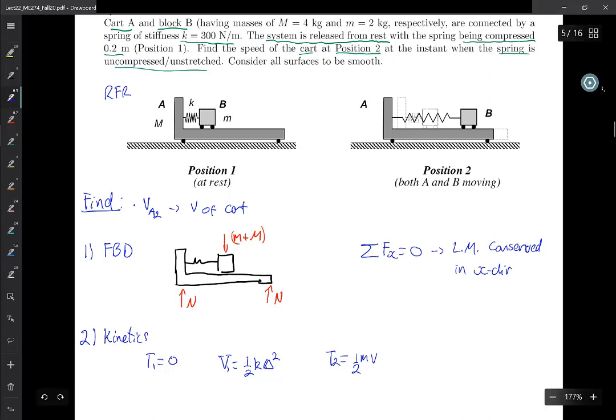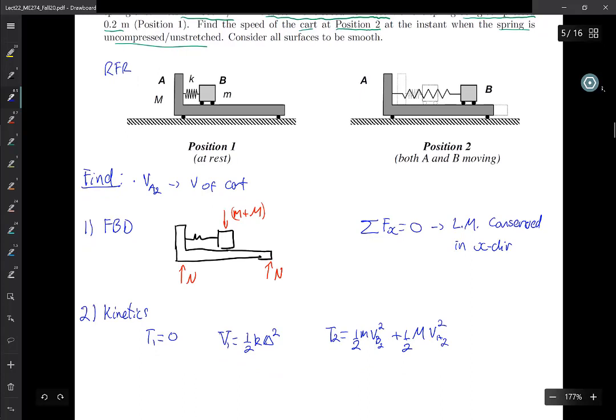The big mass is the cart. So we have one half of the little mass times vB2 squared, plus one half of the big mass times vA2 squared. Two masses, with relative motion between the two. Is there non-conservative work somewhere? No, there are no forces that do non-conservative work.